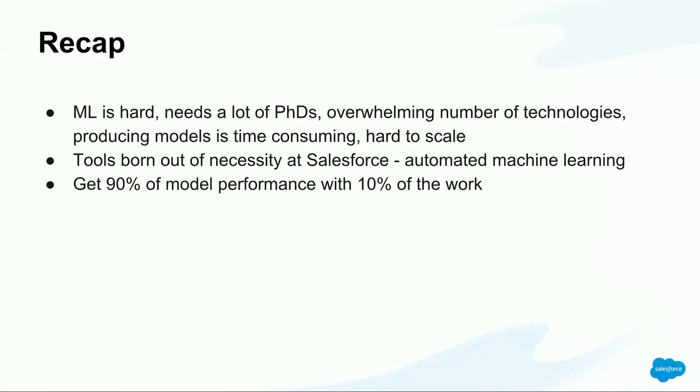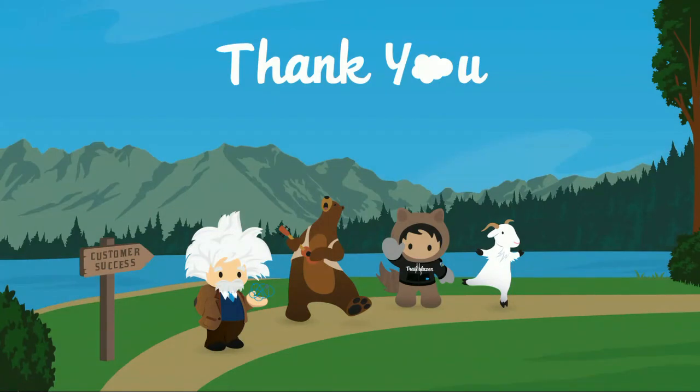As a result, we also achieve models that are almost as good as models made by real data scientists spending, I don't know, maybe days or weeks on the data. And we do that with only 10% of the time. So that's it. Thank you.